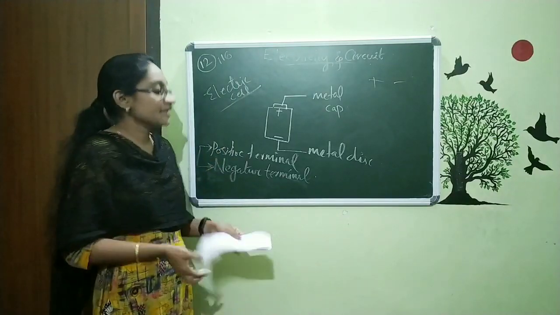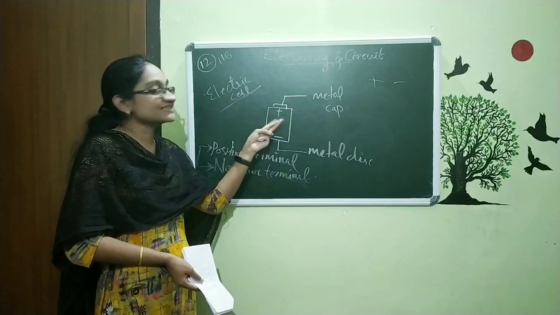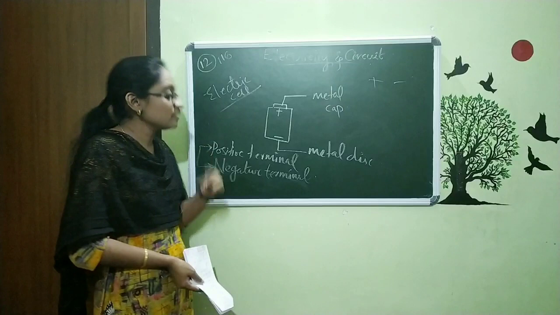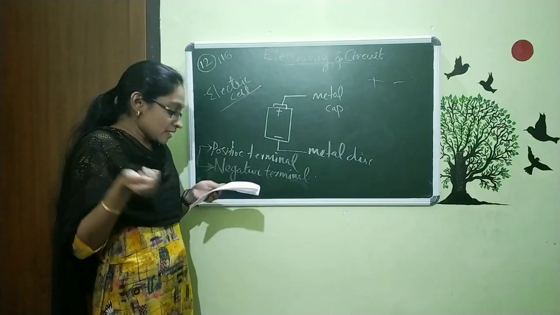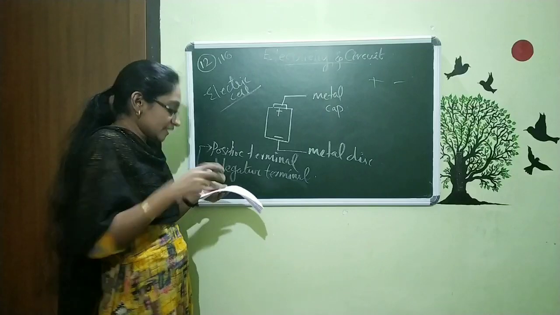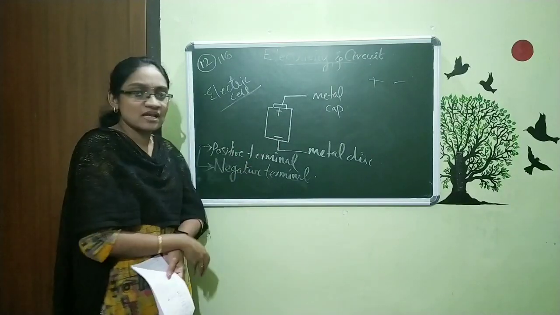So we can say there are two terminals for one cell. One is the positive terminal and the other is the negative terminal. Just remember that.